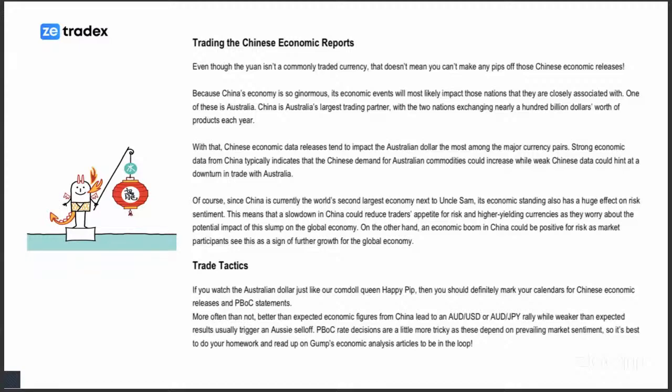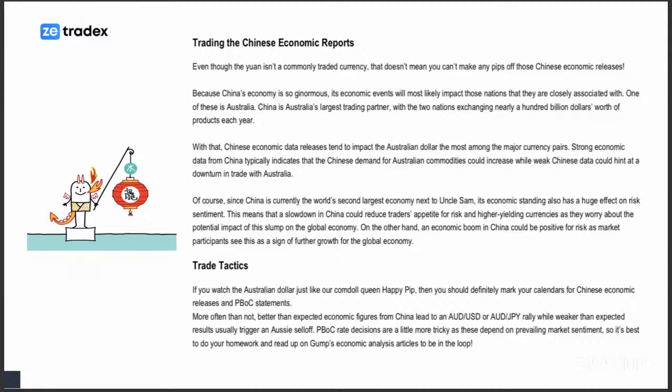Right, now we will be talking about trading the Chinese economic reports. Even though we can arguably say that the Chinese yuan is not one of the most commonly traded currency pairs, it doesn't mean you can't make good money out of these Chinese economic releases, because the Chinese economy is so enormous.